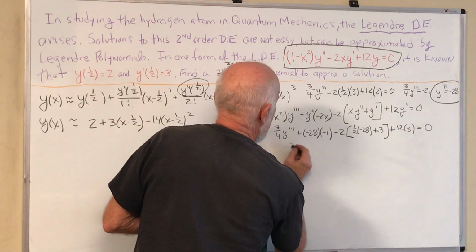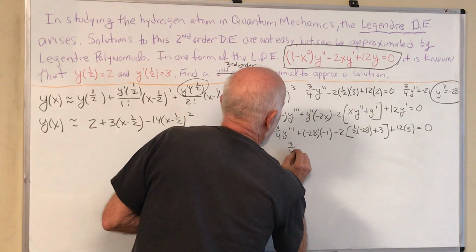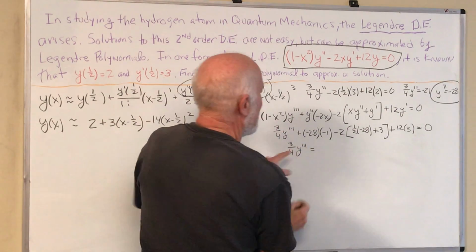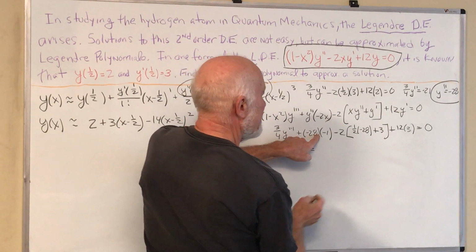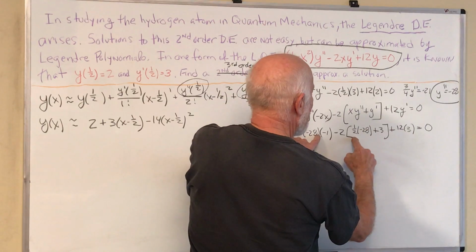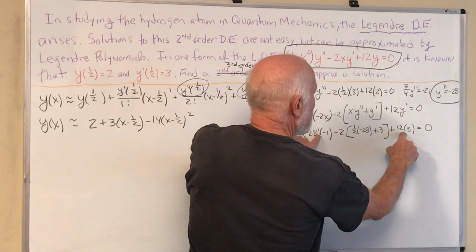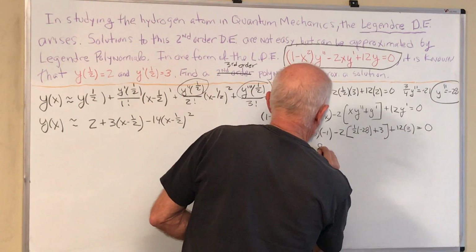So 3/4 y triple prime equals, well, that's 28 plus 22 plus 36.